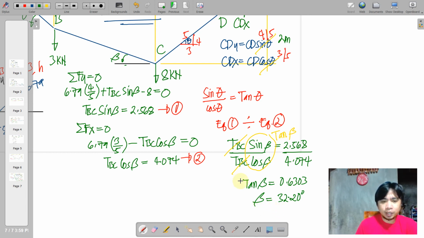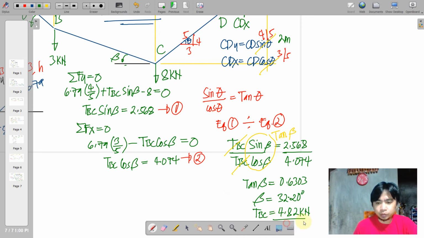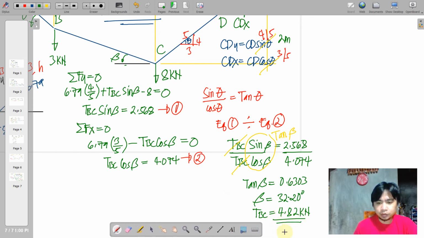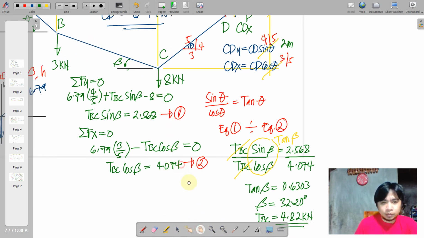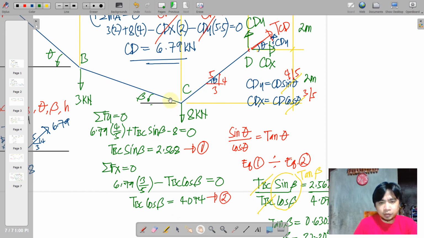So knowing our angle, we just have to substitute this angle into either equation 1 or 2 to obtain the value of TBC. So doing that, we will compute TBC to be equal to 4.82 kilonewtons. Okay, so now BC is known. Perhaps you can place it here.